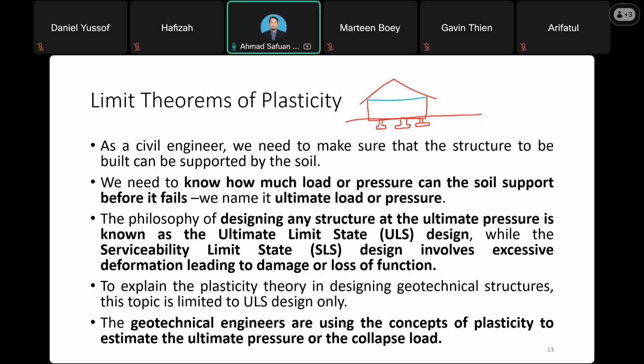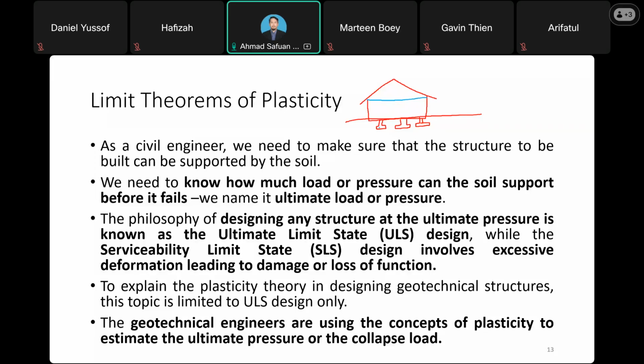The philosophy of designing any structure at the ultimate pressure is known as the ultimate limit state design, ULS. While the serviceability limit state, SLS, design involves excessive deformation leading to damage or loss of functions.